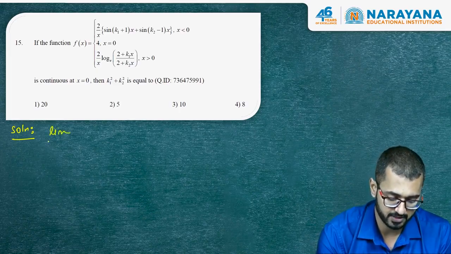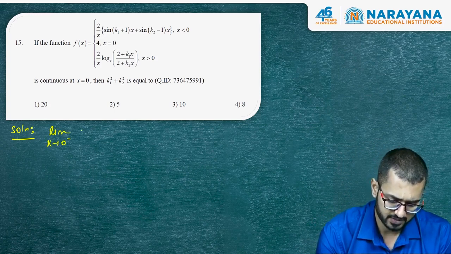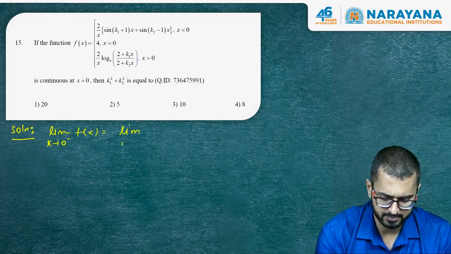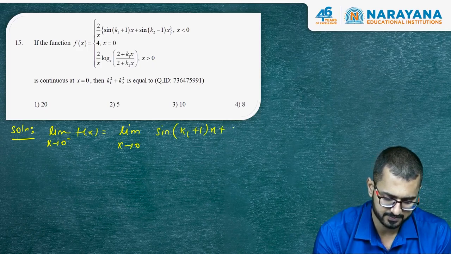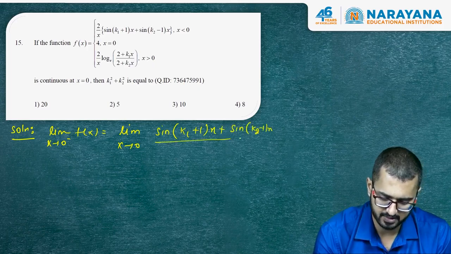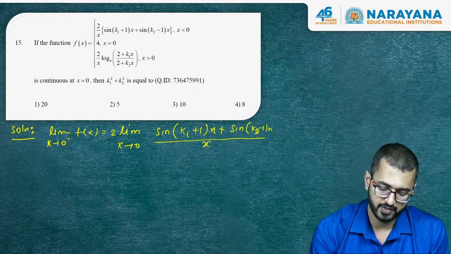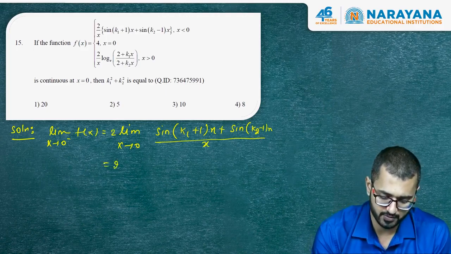So let's write down the left limit, x tends to 0 minus. For the left limit I'll have limit x tends to 0 of sine of (k1 plus 1)x plus sine of (k2 minus 1)x, upon x, and the 2 will be outside waiting. Now we know it's of the standard form, so you can simply write the coefficient as the answer.